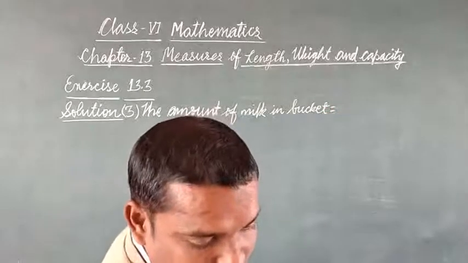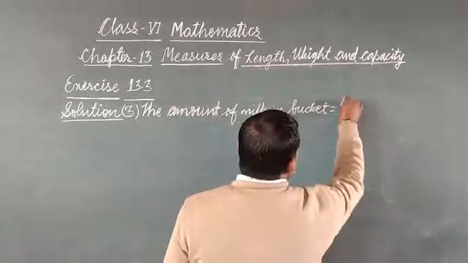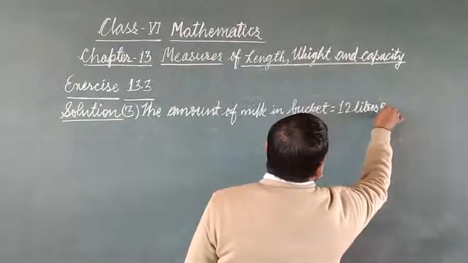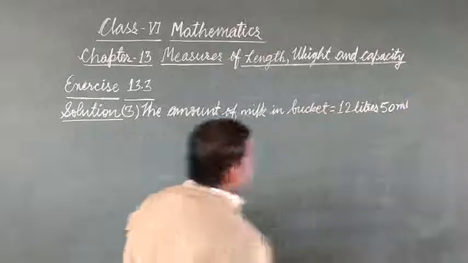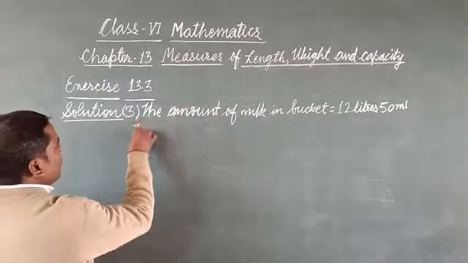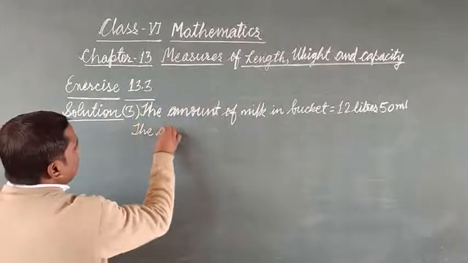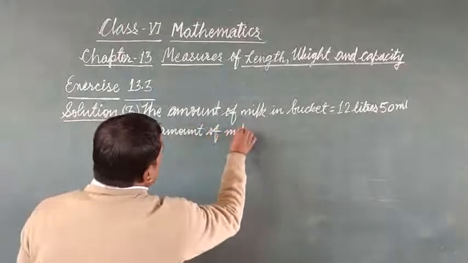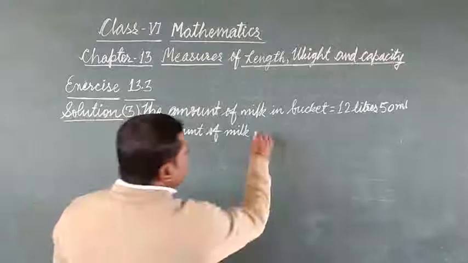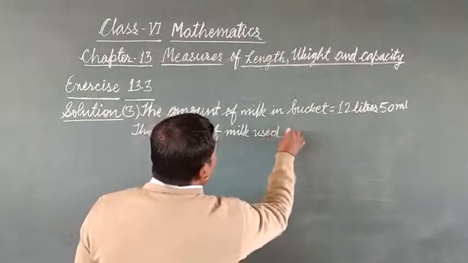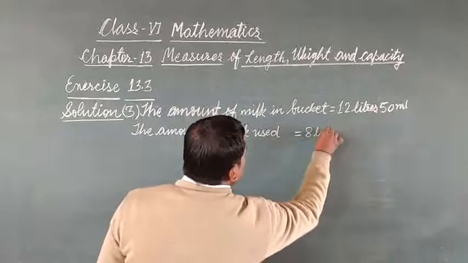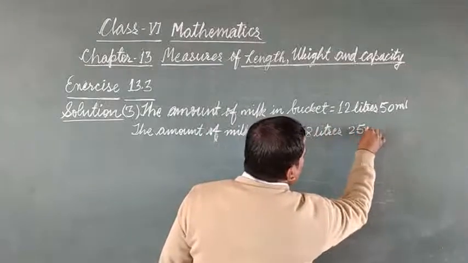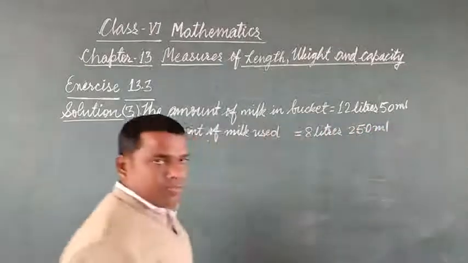12 liters 50 milliliters. The amount of milk used is equal to 8 liters 250 milliliters. It is given.